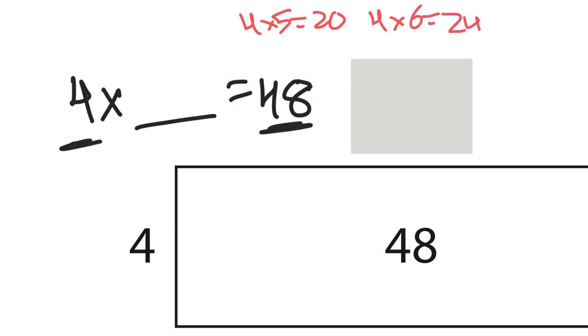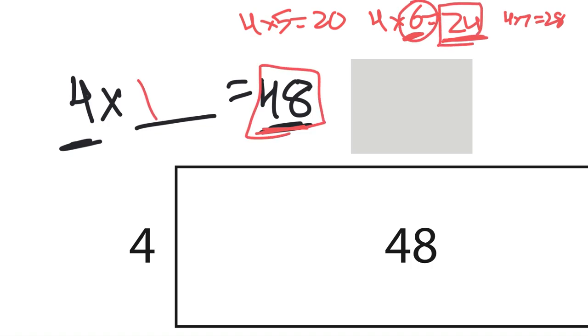Well, that's not big enough. In fact, 24 is half of 48. So I might actually have to double this number to get the answer. Otherwise, you're going to spend a lot of time going 4 times 7 is 28, and you're going to just keep going, going, going. It might take you a while. But if you know that 24 is half of 48, well, let's double this 6 and we would have 12.